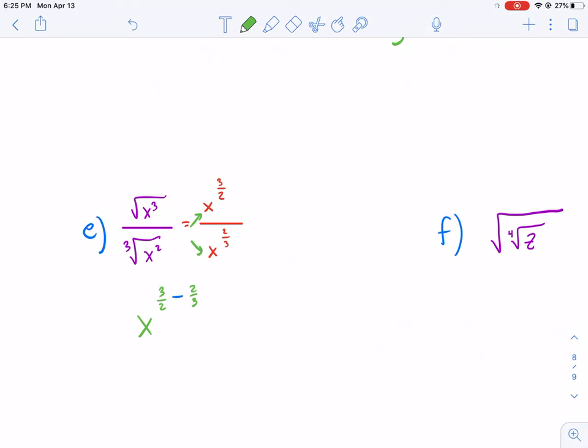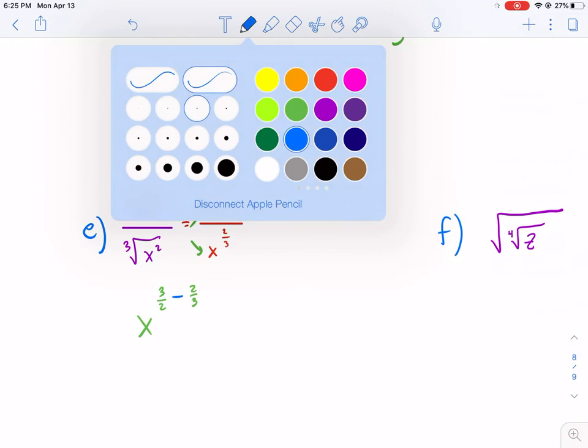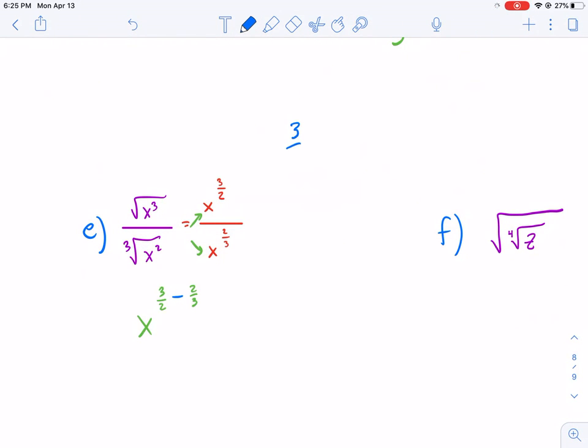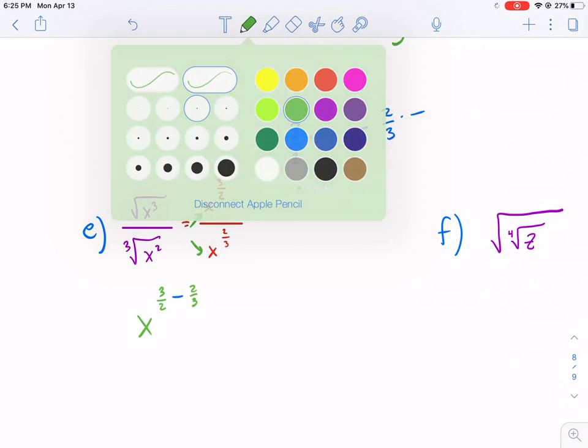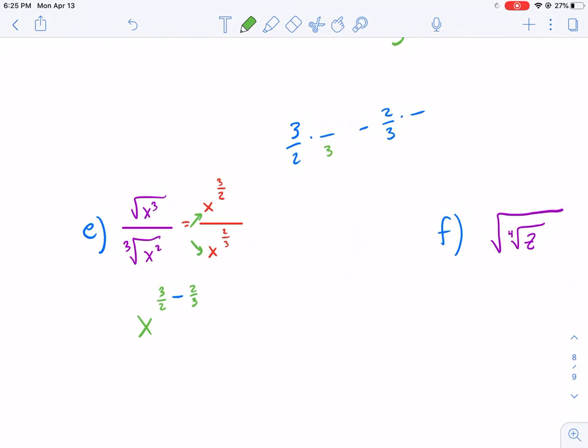I need to have a like base. So this is like a common denominator problem. I need to multiply each by something to get a common denominator. In this case, I'm going to multiply this one by 3. My common denominator is going to be 6. I'll multiply this one by 2 over 2.